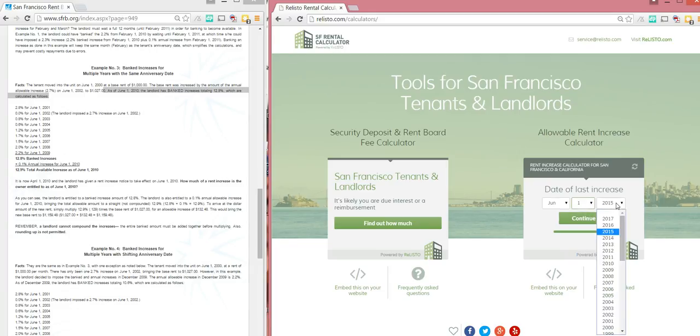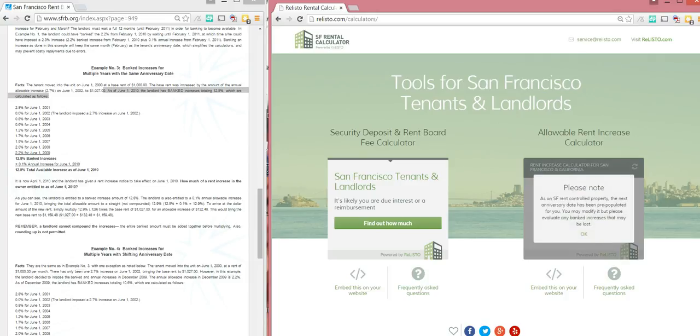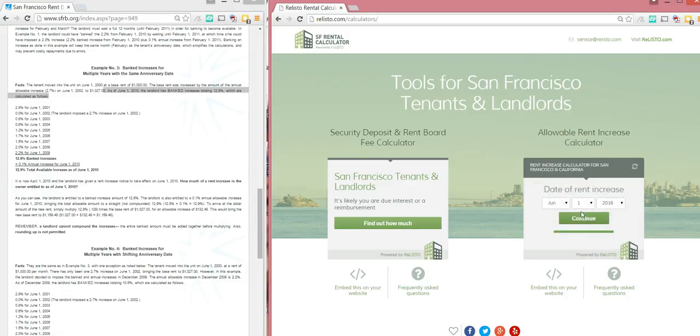Because there is 1 year that was not accounted for. June 1st, 2010. And the date of increase is June 1st, 2010.